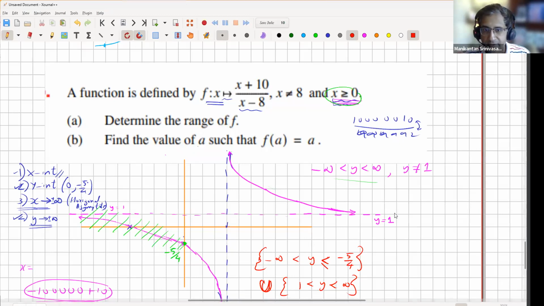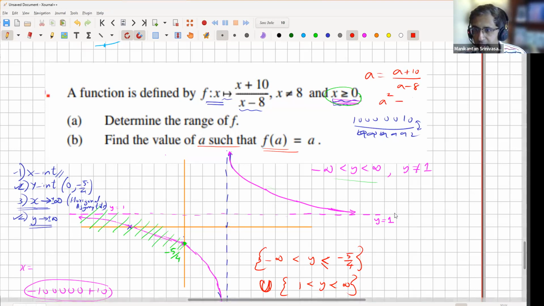And the second part, find the value of a such that f of a equal to a, that's fairly easy. We can just do it together: a equal to a plus 10 upon a minus 8. So we can cross multiply. a square minus 8a equal to a plus 10, which means a square minus 9a minus 10 equal to 0.